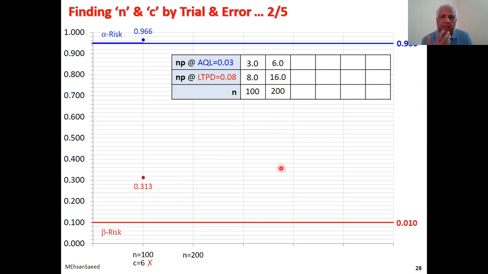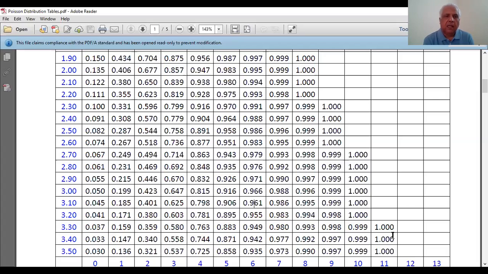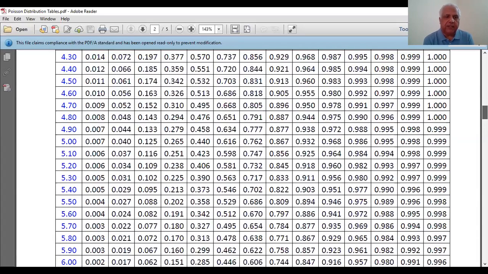We will enter the Poisson tables initially at 6, find the column, find the value of C, and then come down and enter the table at 16. So 6 and 16, remember that. Let's go. Change the screen. So 6 and 16.